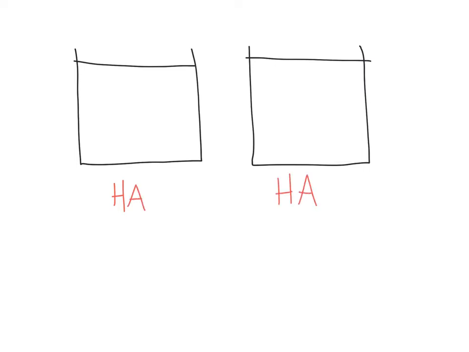So if you have a strong acid, here are diagrams of a strong acid versus a weak acid. If we assume that our acid formula for our strong acid is HA and our weak acid is HAc, the strong acid would be completely ionized.